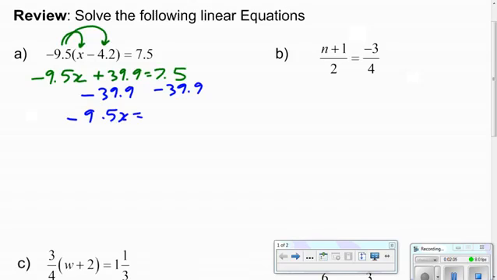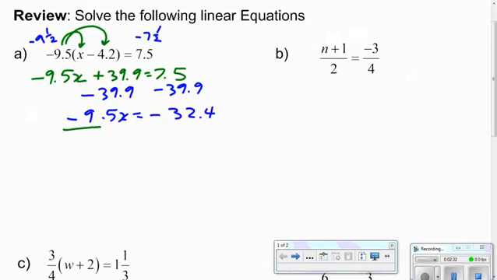Okay, that equals negative 32.4. Another option you could have done is you could have turned the 9.5 and 7.5 into fractions. So negative 9.5 and negative 7.5, and could have worked at from a fraction method, okay? If you don't want to solve this way, if you don't want to distribute.